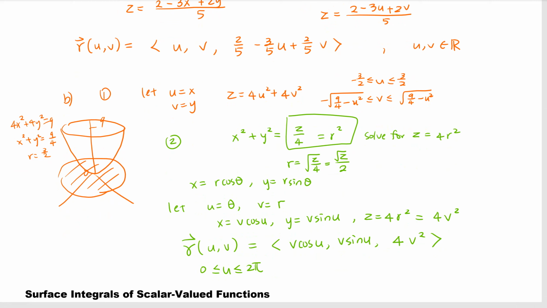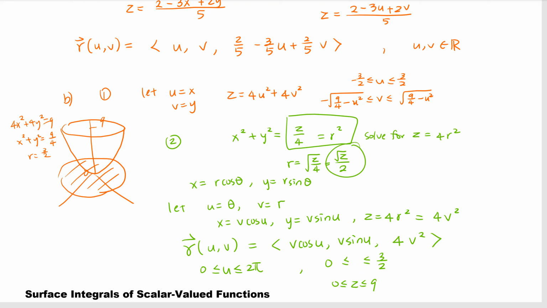And v is r. Since r is square root of z over 2 and z is between 0 and 9, r goes from square root of 0, which is 0, to square root of 9 over 2, which is 3 over 2.